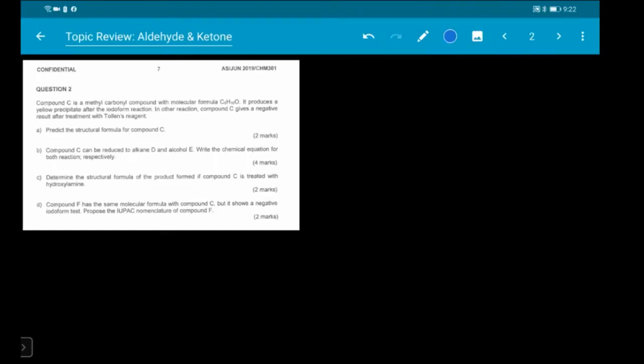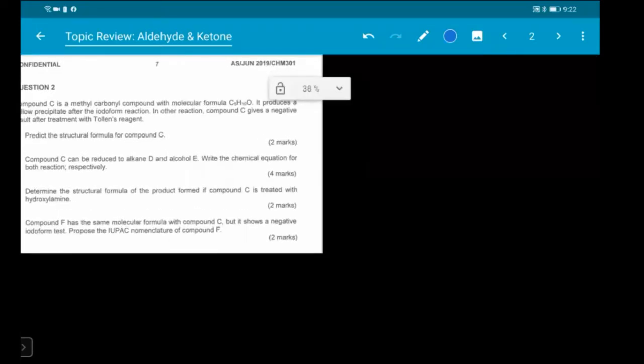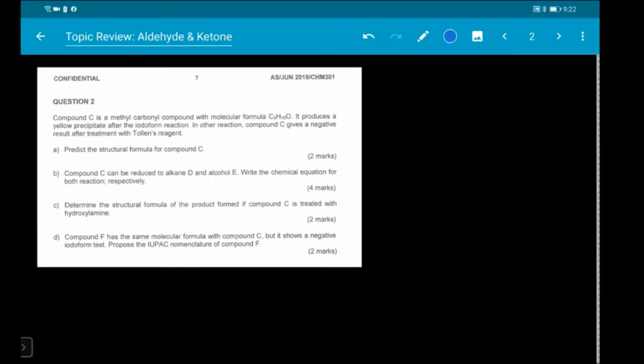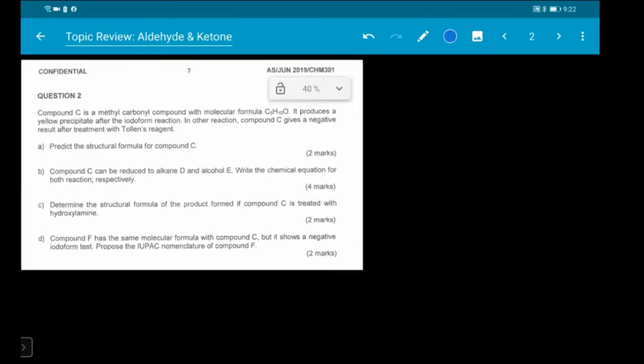Okay. The first one, compound C is a methyl carbonyl compound with a molecular formula of C5H10O. So sekarang ni kan, the formula already been given, C5H10O.